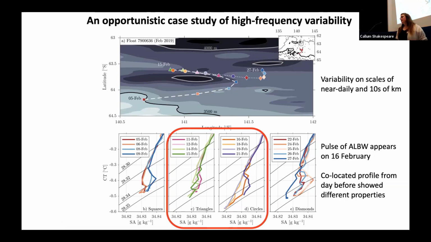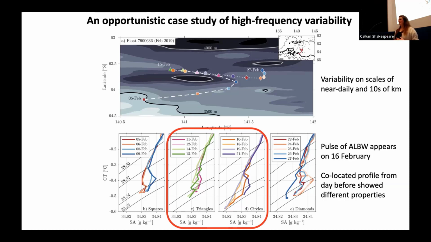A caveat here is that we don't think that this trajectory is necessarily representative of the deep flow. Because it was profiling near daily, it's spending quite a bit of time in the upper part of the ocean. And so we don't actually think that that's what the deep flow looks like, but we do think that we can gain information about the scales of variability in the abyss from the data.